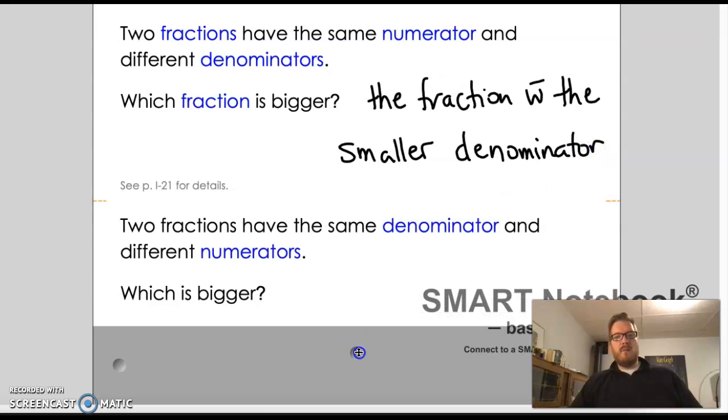So then that leads me to, well, what happens if I have two fractions that have the same denominator but different numerators? Which is bigger? Well, we're going to see a couple examples, but in this case, the fraction that has the bigger numerator is going to be the larger fraction.